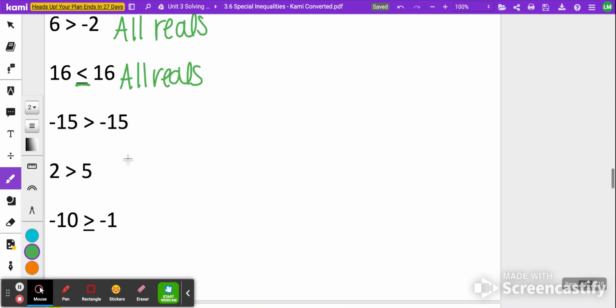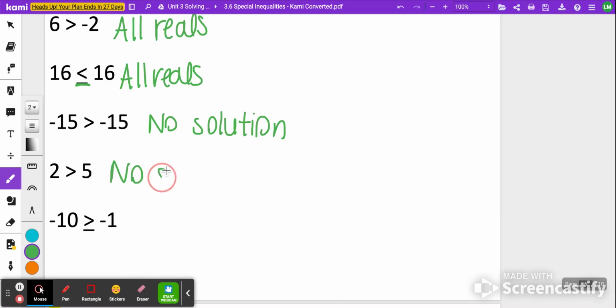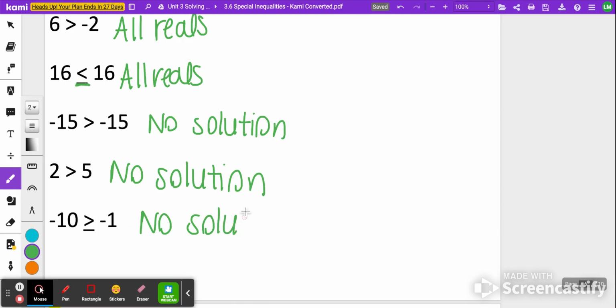The next one though, -15 is not greater than -15, so we would say no solution for this one. 2 is not greater than 5, so this one is also no solution. And -10 is not greater than -1, so that one would also be no solution.